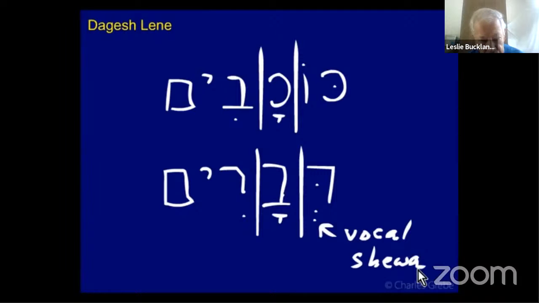Okay, so Dagesh Lenny is pretty weak, really. Any vowel is going to scare him away. Let's take a look at one other example, one other case. If you have a word called ken. Ken means thus or so. Dagesh Lenny in a Begad Kafat letter, no vowel preceding it.